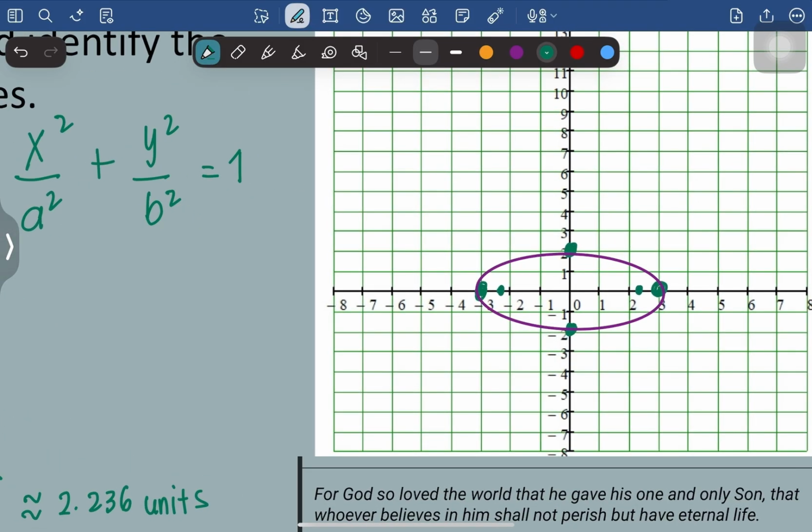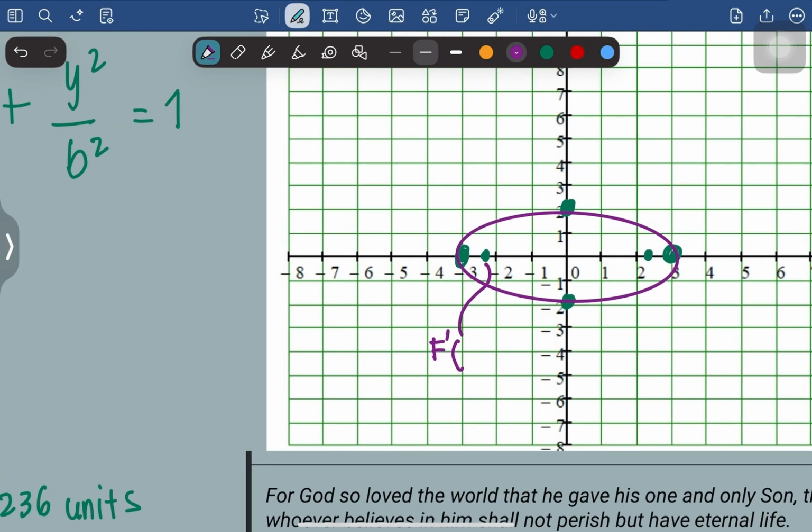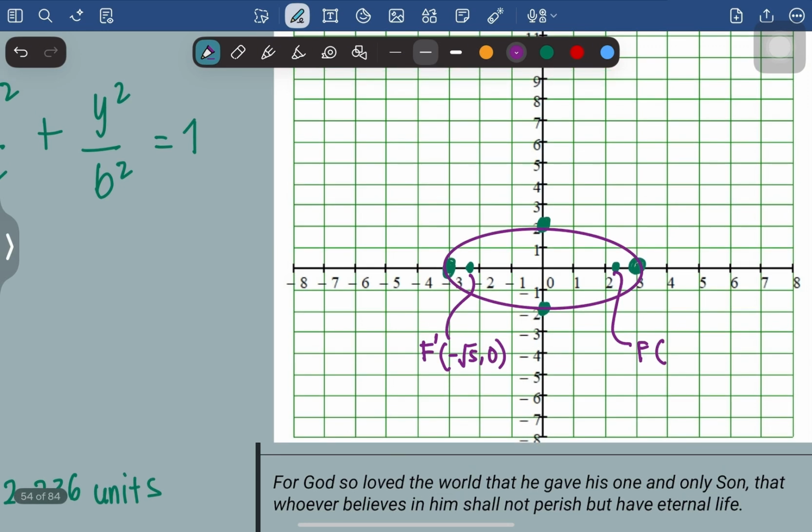Then to get the coordinates for the foci, one focus is at negative square root of 5, 0. Since the focus is along the x-axis, another focus is on the positive side, square root of 5, 0.